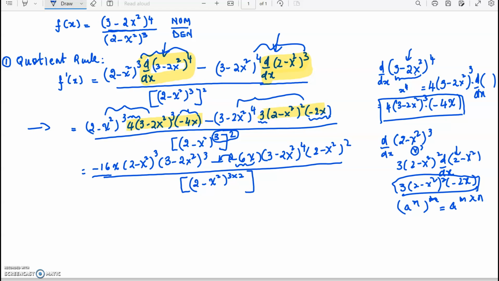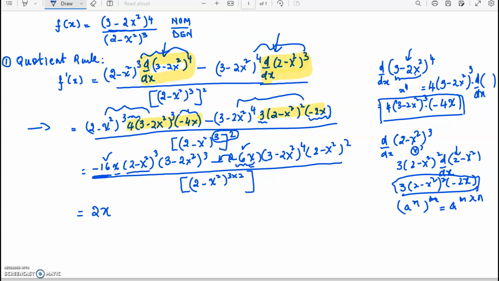Our next step is to factor out terms from the expression. So notice, go step by step, look at the numbers first. That's a 16 and that's a 6. The only common factor between a 16 and a 6 is a 2. So we have 2. And then x is common, so we factor that out.